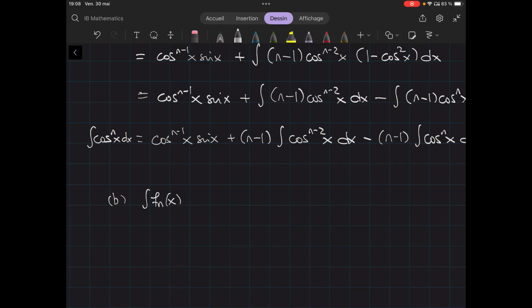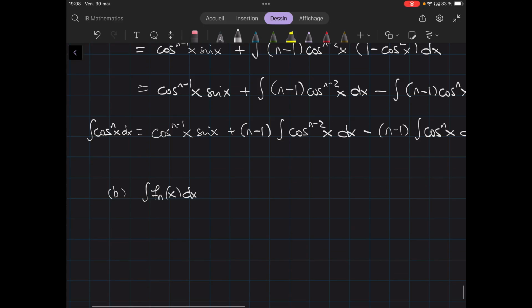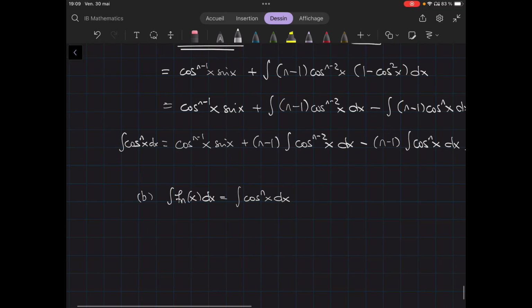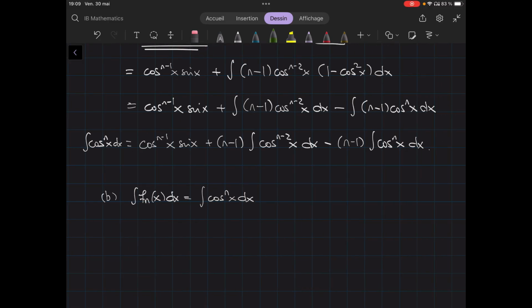In part B, we are asked to use this result to find the integral of f_n of x. Maybe the notation would throw some students off here, but the integral of f_n of x is nothing more than the integral of cos to the n of x. Notice that we have two terms that are the integral of cos to the n of x.